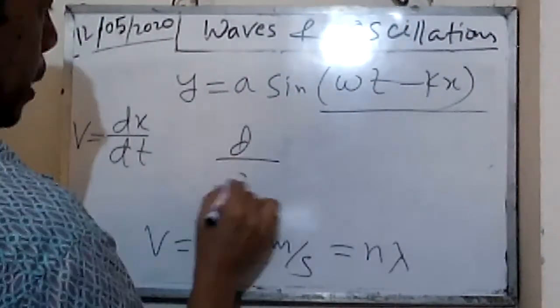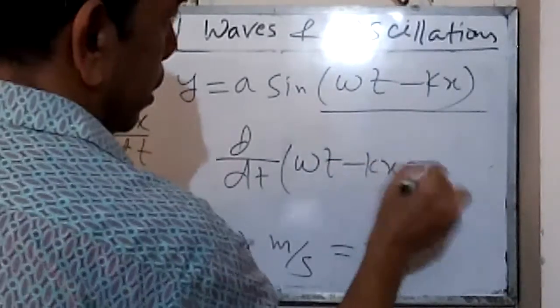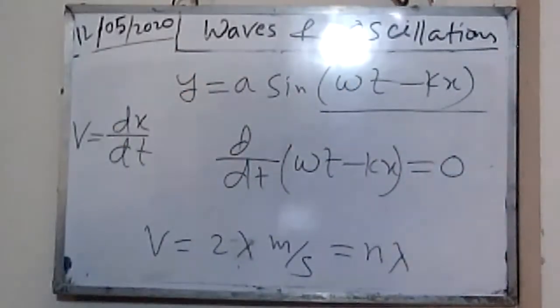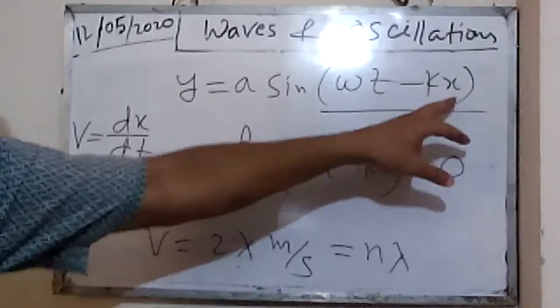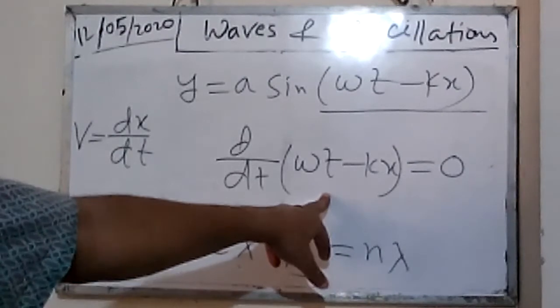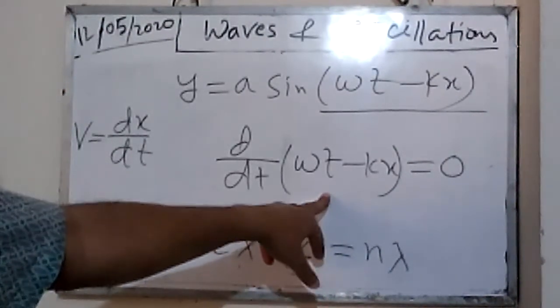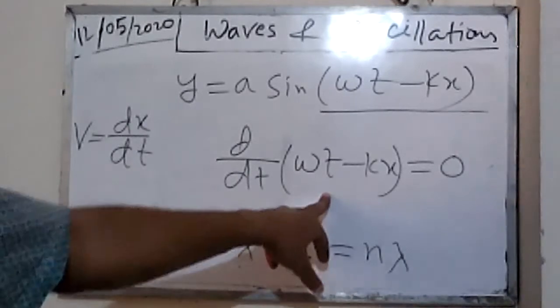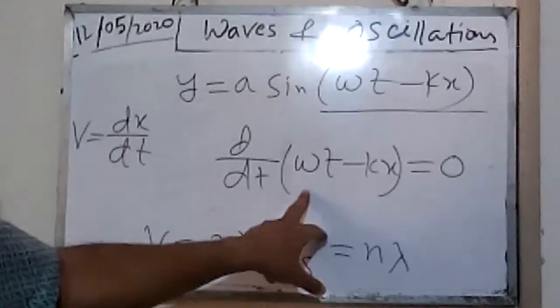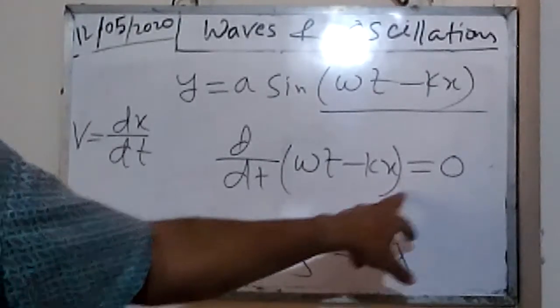So d by dt of (omega t minus kx) equals 0. This is the phase angle, omega t minus kx. This phase angle is constant, so if you differentiate with respect to time, it will be 0, because the differentiation of a constant is 0.